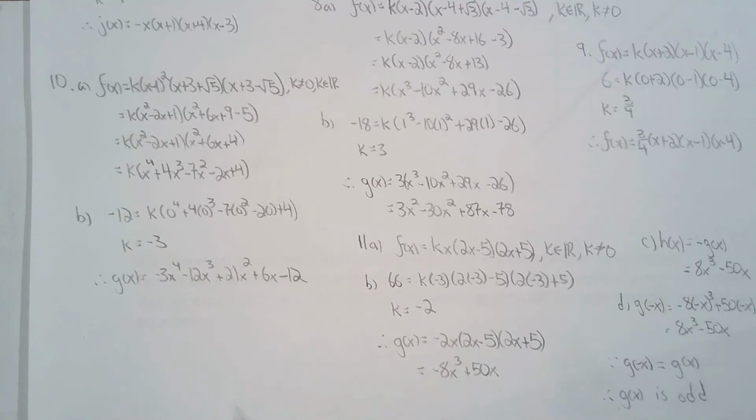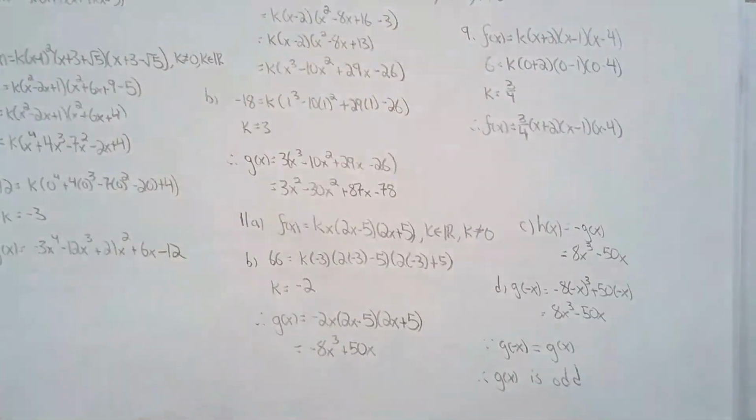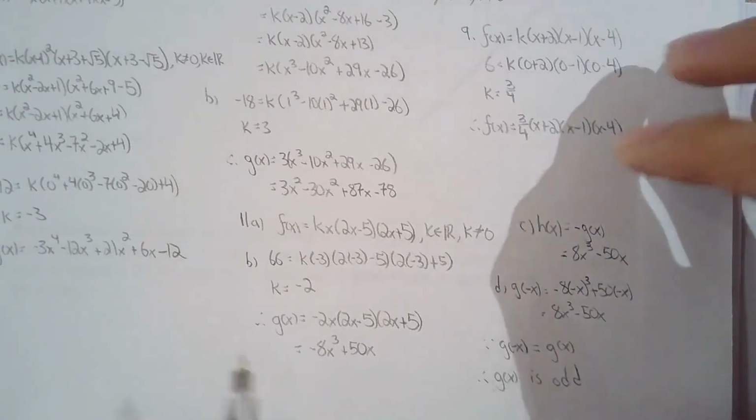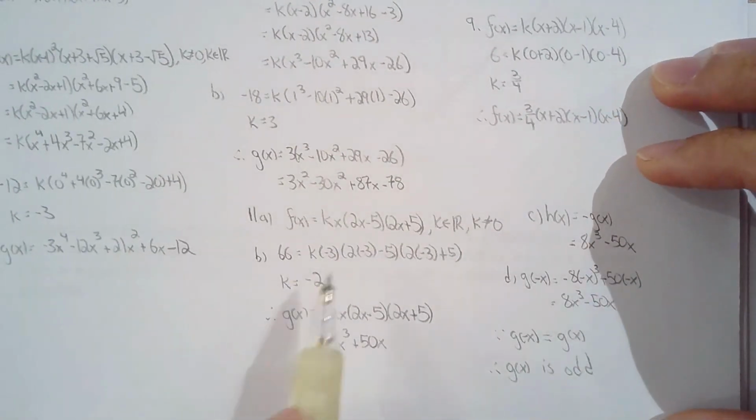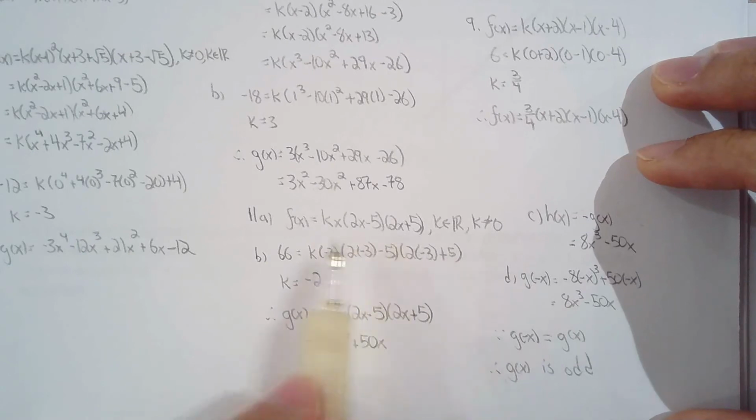For question 11, they asked me for an odd function. So there's symmetry in the zeros, and it has to pass through the origin because it's an odd function.